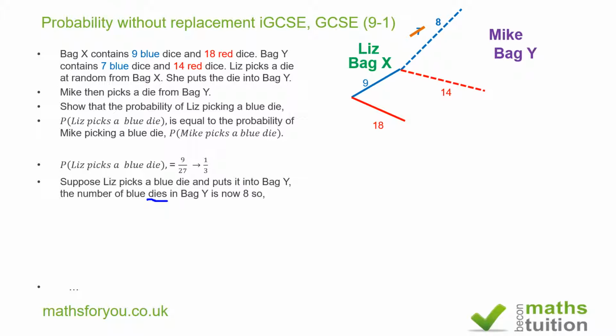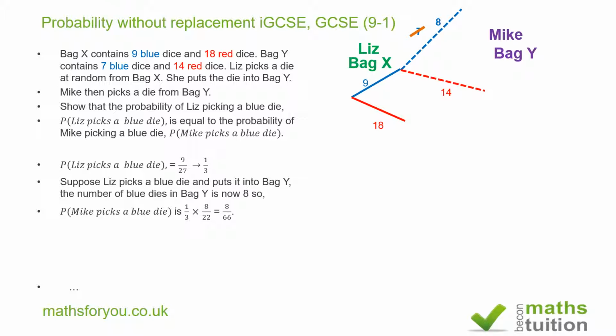The probability of Mike picking a blue die will depend on the probability of Liz picking a blue die and the probability of Mike picking a blue die from bag Y. And that will be 1/3 multiplied by 8/22, and that's equal to 8/66, because we've now got 8 blue dice in bag Y.